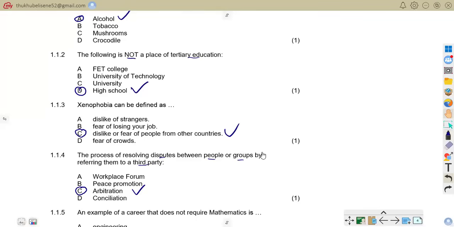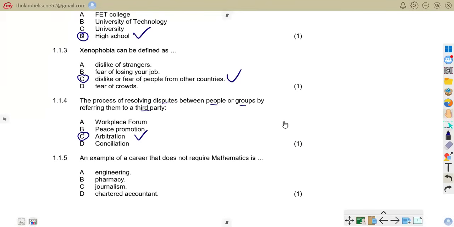Now let us move on to 1.1.5, which reads as follows: an example of a career that does not require mathematics is. We are given these four options: engineering, pharmacy, journalism, chartered accountant. The correct answer for 1.1.5 is C, journalism.